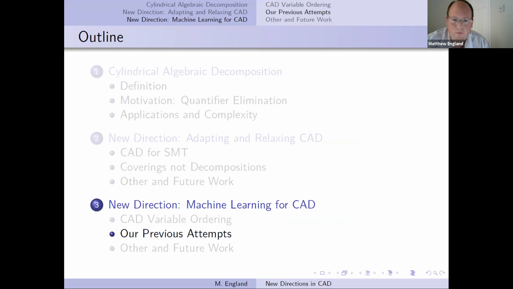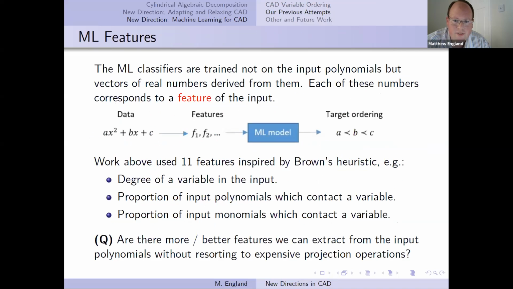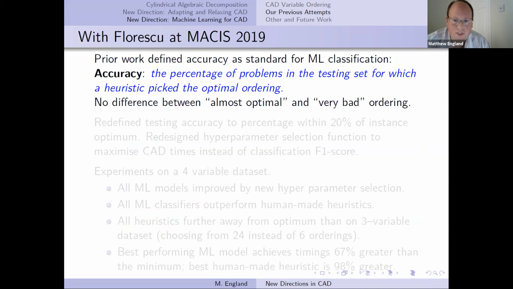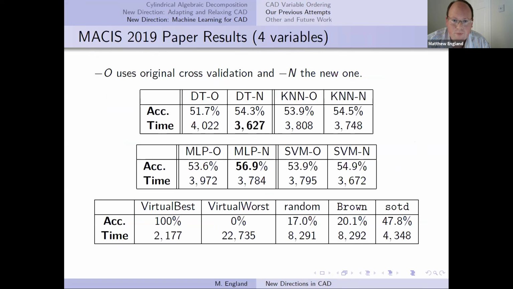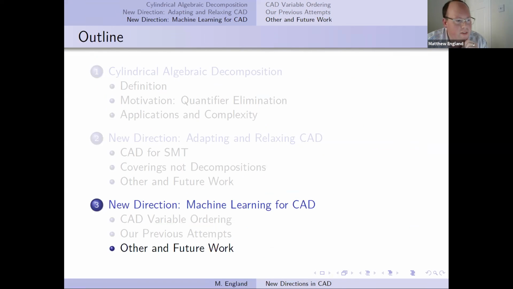And we've been looking at the use of machine learning to make these choices. I'll summarize right to the end and say that machine learning does much better than any of the human-defined heuristics for this problem. But there's still a lot of work to do to further improve it.